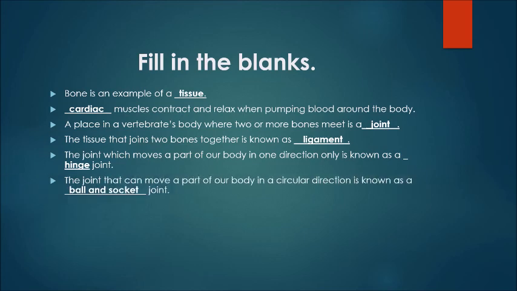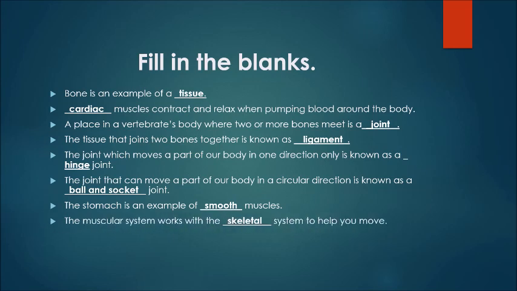The joint that can move a part of our body in a circular direction is known as a ball and socket joint. The stomach is an example of smooth muscle. The muscular system works with the skeletal system to help you move. Smooth muscles make up the internal hollow organs in the body.